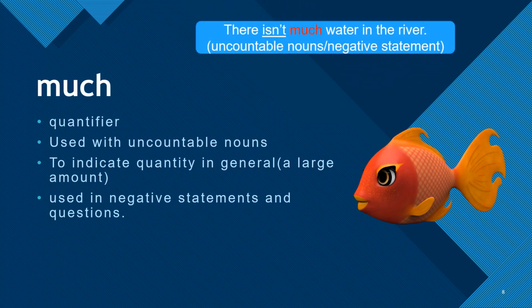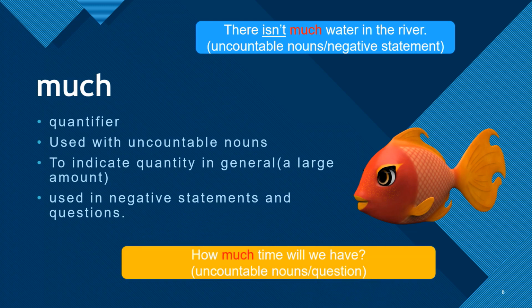For example, there isn't much water in the river. Here, much is used with uncountable nouns and in a negative statement. Another example, how much time will we have? So here, much is used with uncountable nouns and in a question.